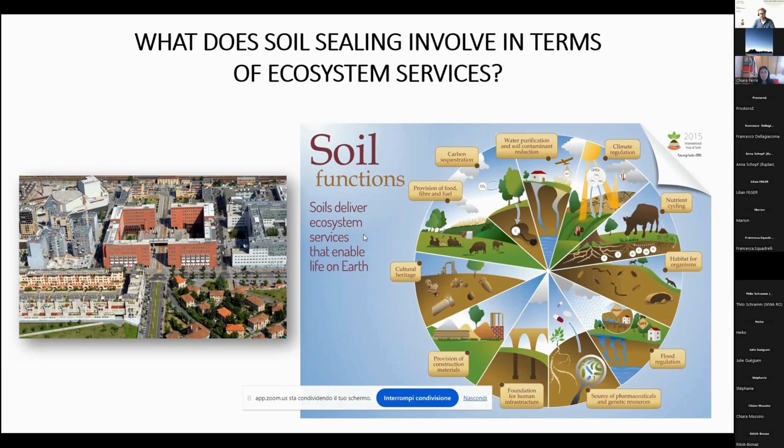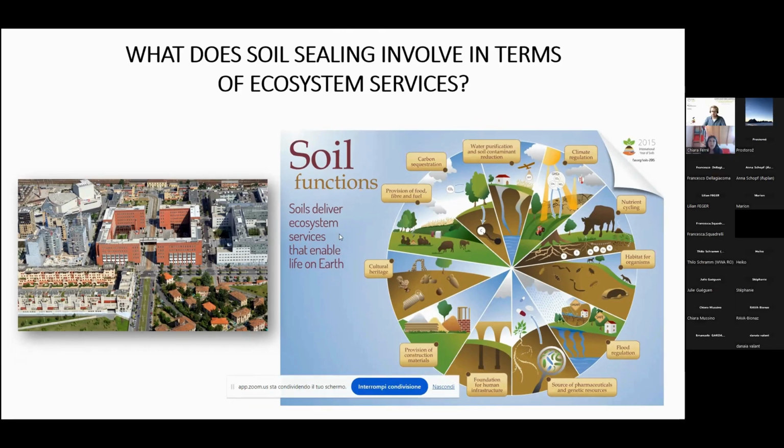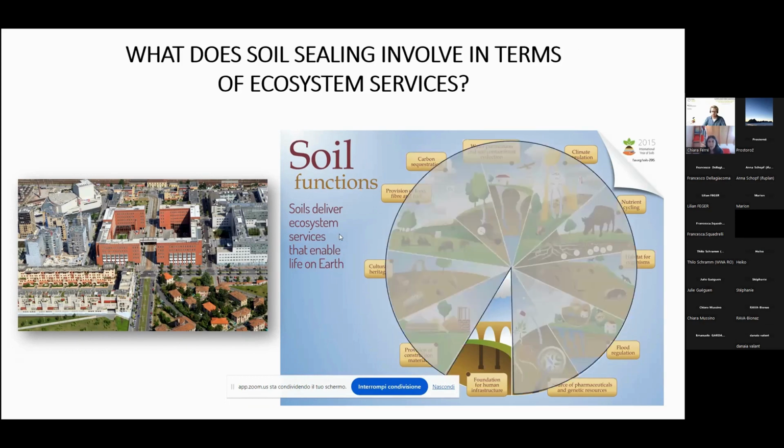And what happens when soil is sealed? The exchange between soil and the other compartments is limited, and the result is the total loss of ecosystem services. Yes, all except for supporting buildings, of course.